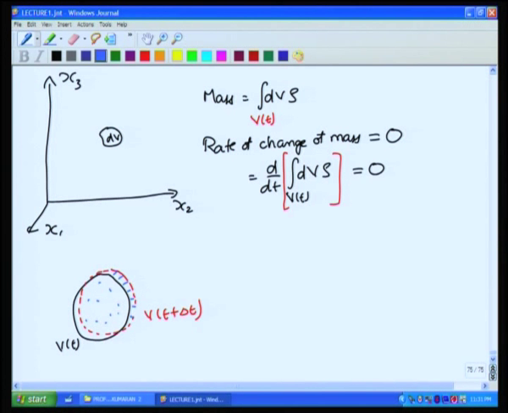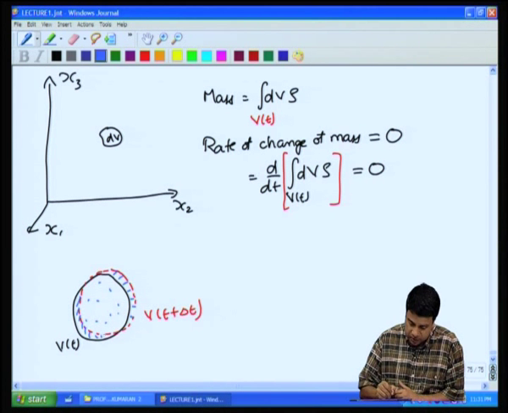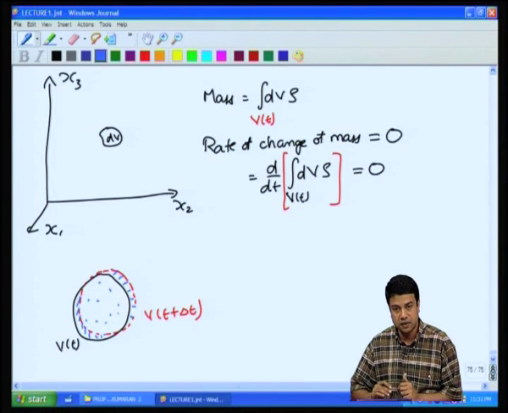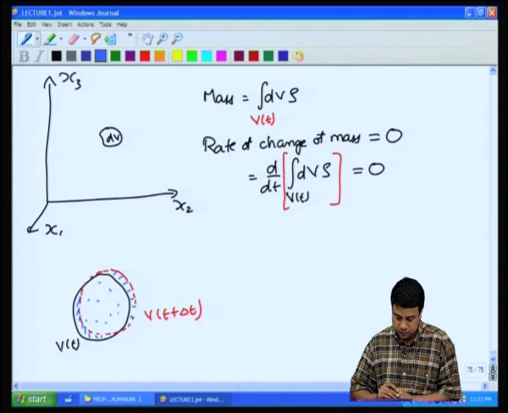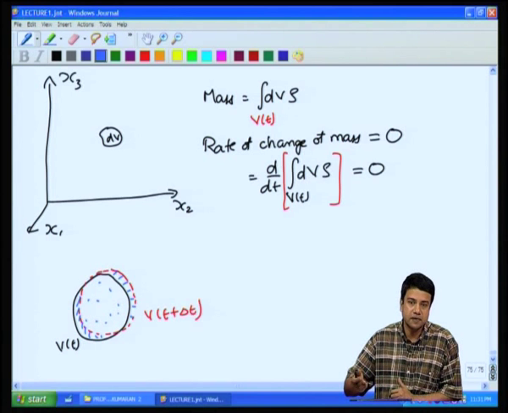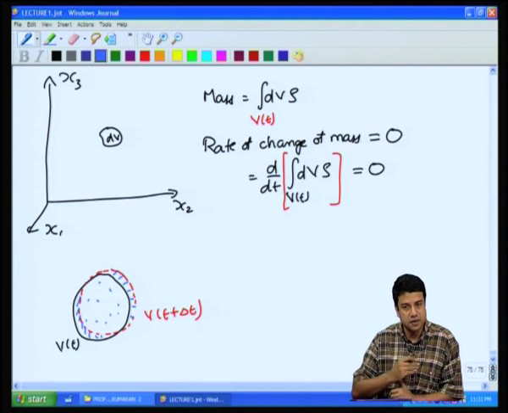That has to be incorporated into the mass within this volume. There are certain parts that were previously within the volume, but have now left. That has to be subtracted from the mass. So, there are two contributions. One is due to the change in density within this volume itself. The other is because certain regions have come in and certain other regions have left.